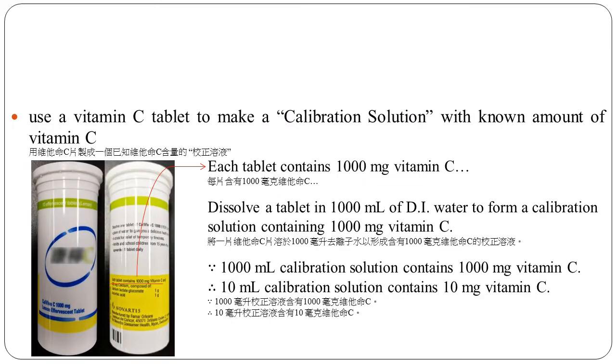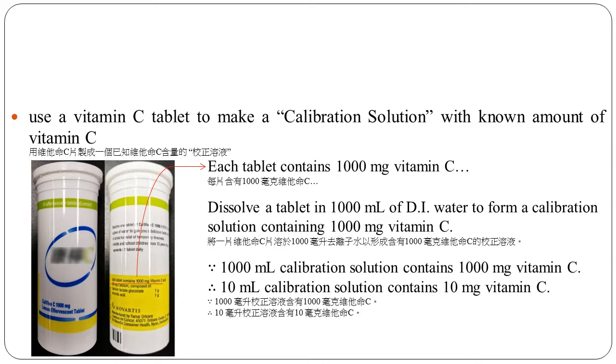Now, let's talk about how to do the calibration process. We can use a vitamin C tablet to make a calibration solution with known amounts of vitamin C in it. Here is a photo showing a brand of vitamin C tablets.